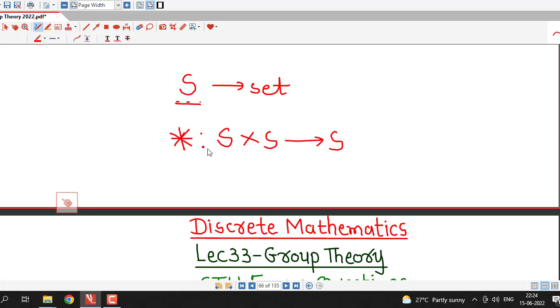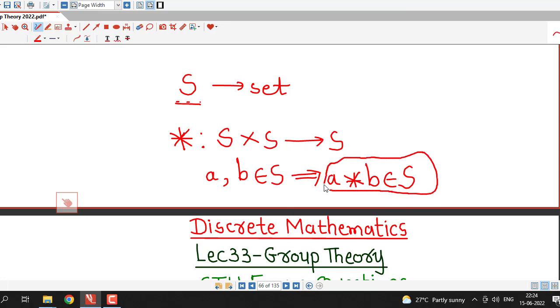So a given operation is a binary operation if for any two members in the given set, say A and B, we must have A star B in the given set. If for any two elements A and B in S, A star B is also in S, then this will be a function from S cross S to S, and we can say that star is a binary operation on a given set S.